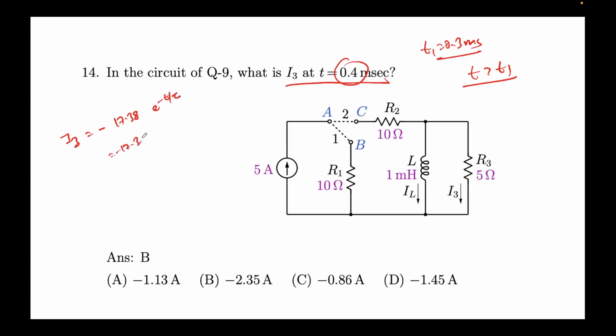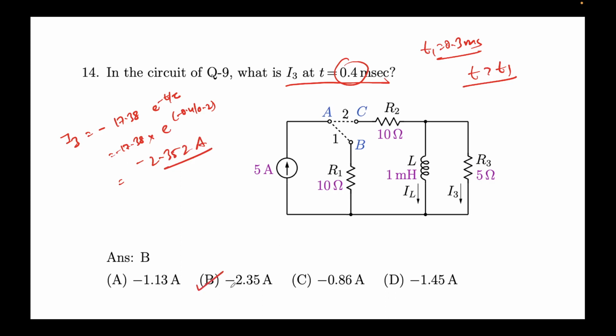Tau is 0.2 and t is 0.4, so that's what we need to find now. It will be e to the power minus 0.4 by 0.2. Multiply it by 17.38, and this comes out to be minus 2.352 amperes. So I3 is coming out to be minus 2.352 amperes.